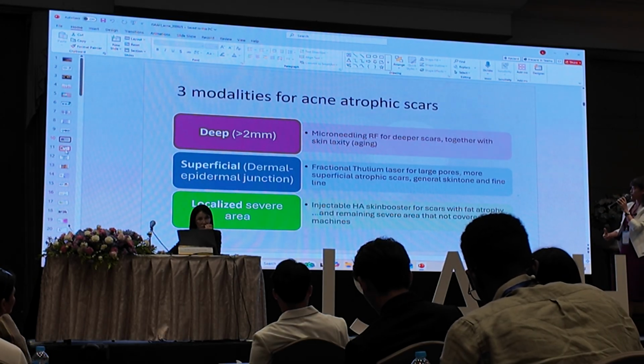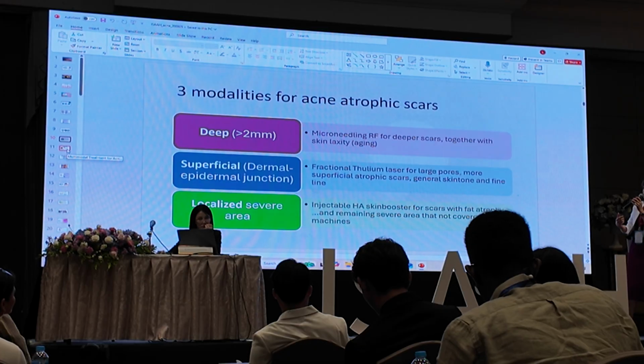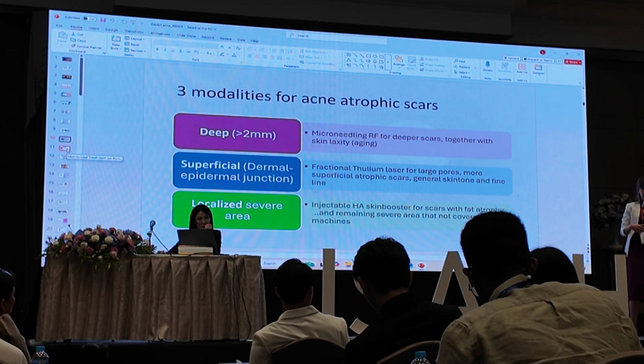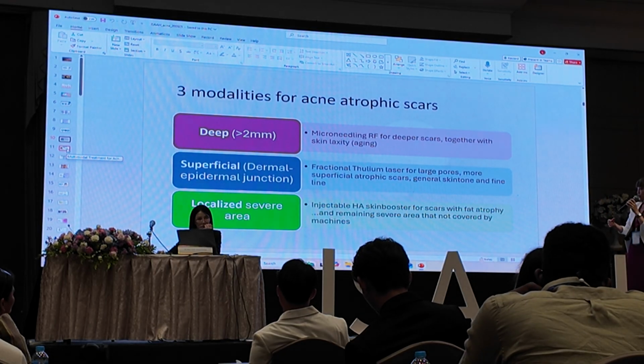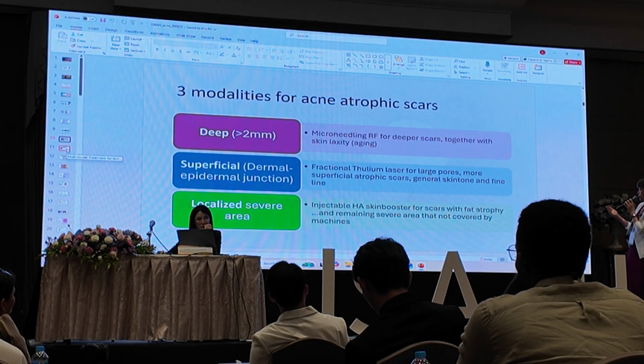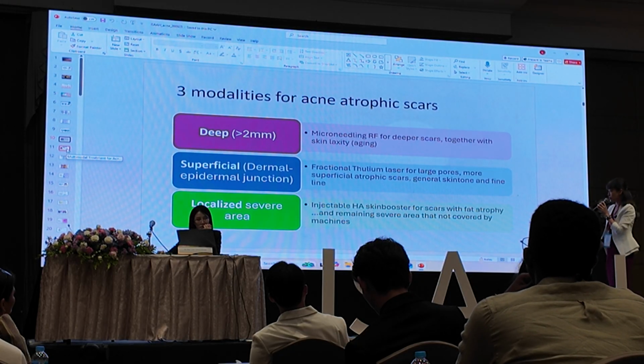So, three modalities for acne atrophic scars. When we treat deep, we use microneedling RF. When we treat the superficial layer, we use the fractional thulium laser. When we treat a localized area, we use the Skin Booster injectable.